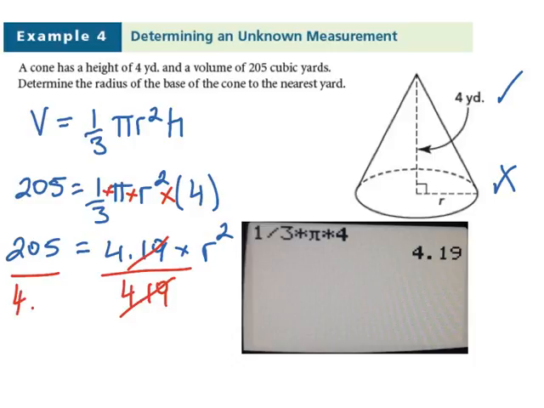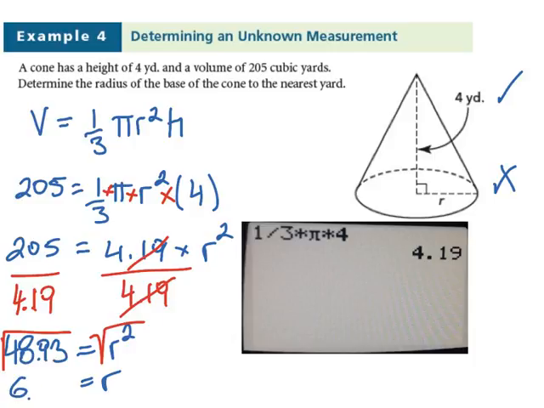And on the left-hand side, we get 48.93. That is equal to r squared. The last thing we have to do is square root both sides of the equation to get the value of r. So r is 6.9957. But since the question is asking for the nearest yard, we have to round off r to 7 yards exactly.